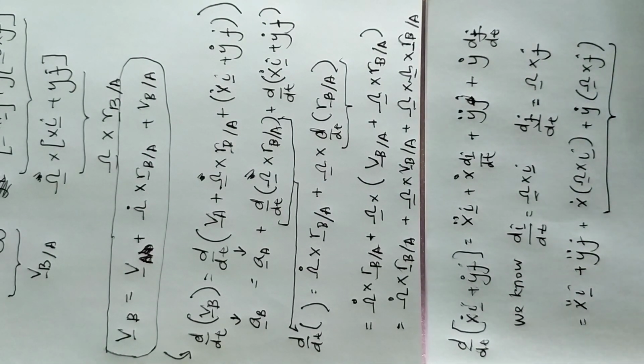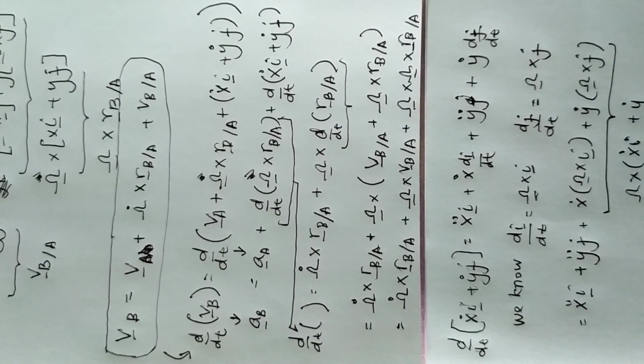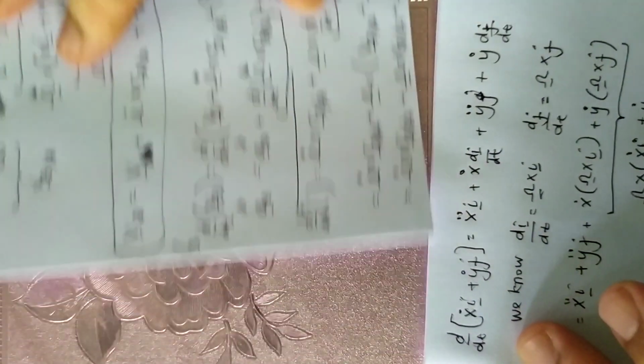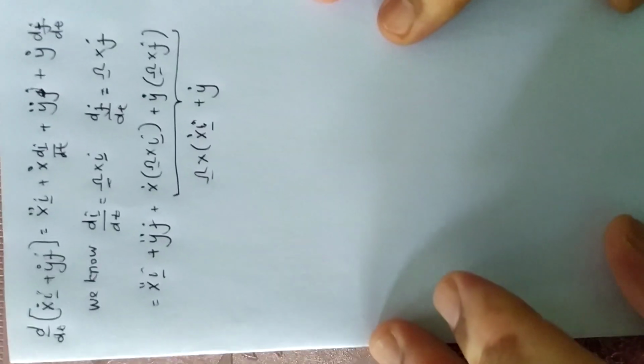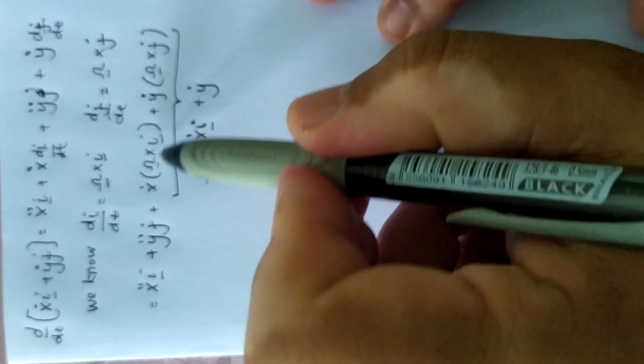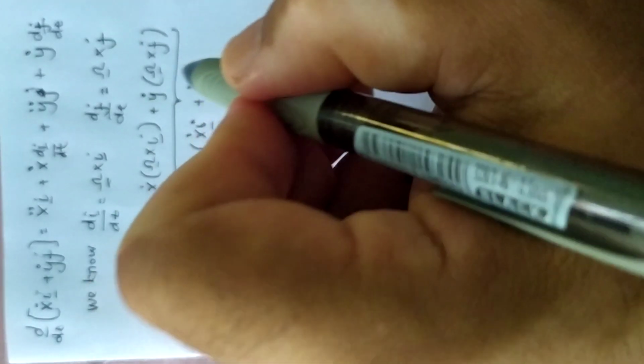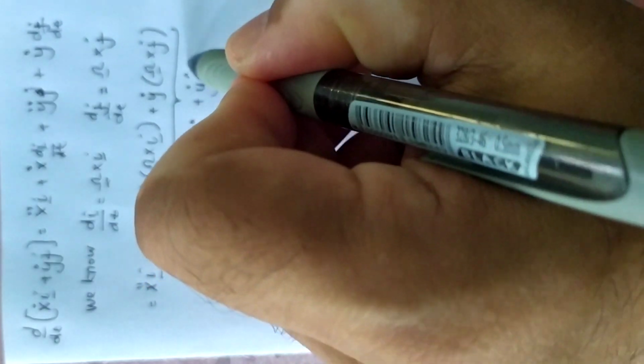It's a recurring term, so I'm going to take the omega out and then cross x dot i plus y dot j.